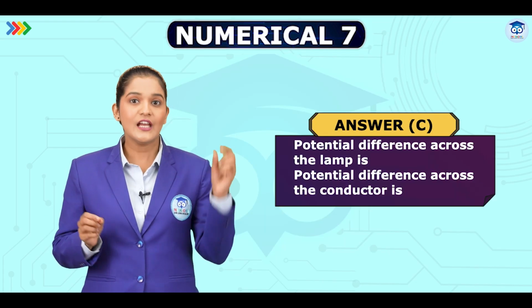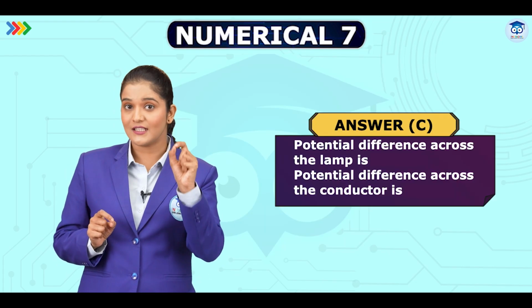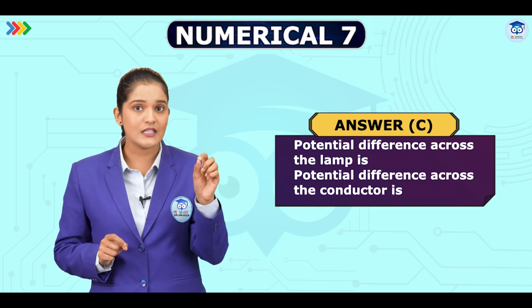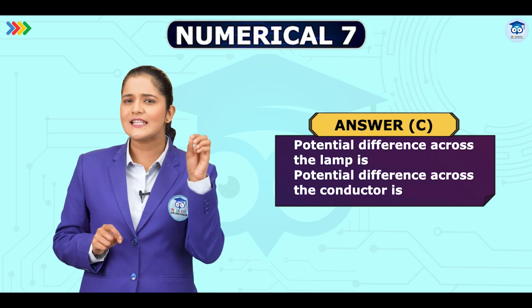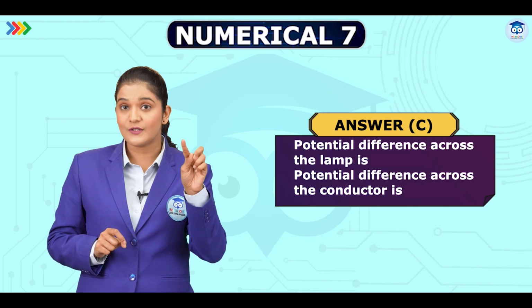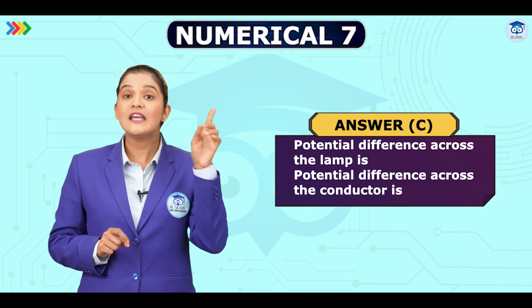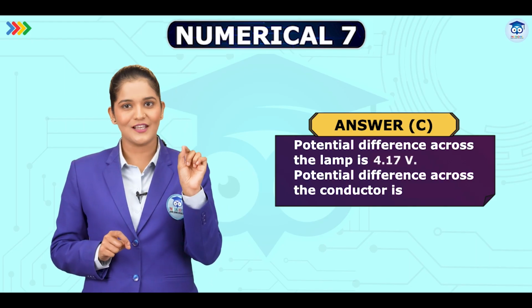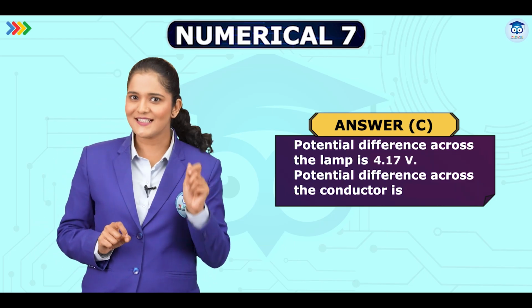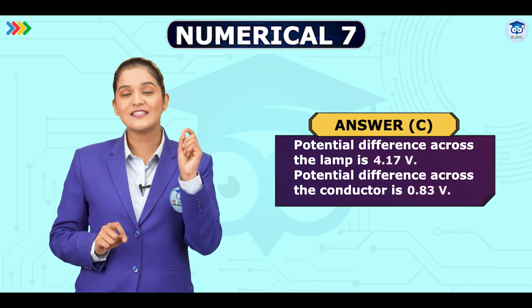To conclude, the total resistance of the circuit is 12 ohms, the current flowing through the circuit is approximately 0.417 amperes, the potential difference across the electric lamp is 4.17 volts, and the potential difference across the conductor is 0.83 volts.